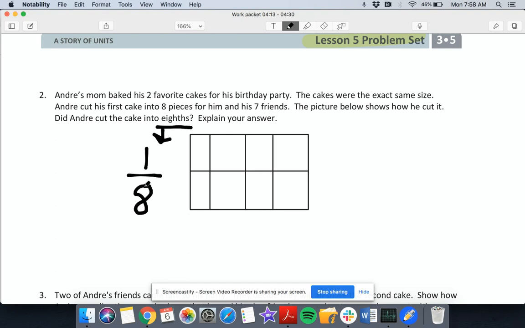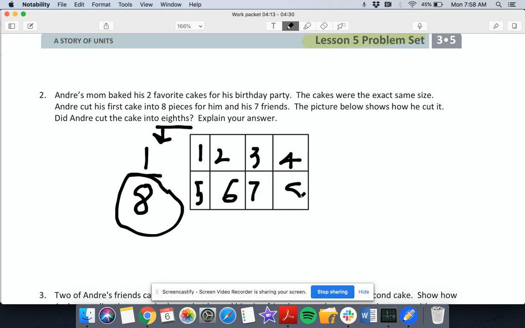So we're just going to make sure that he cut the cake into eighths, meaning he cut the cake into 8 pieces. And we're going to figure that out by counting the amount of pieces that Andre cut. So let's count. We have 1, 2, 3, 4, 5, 6, 7, 8.